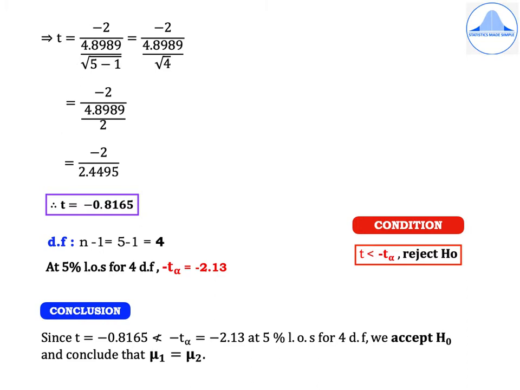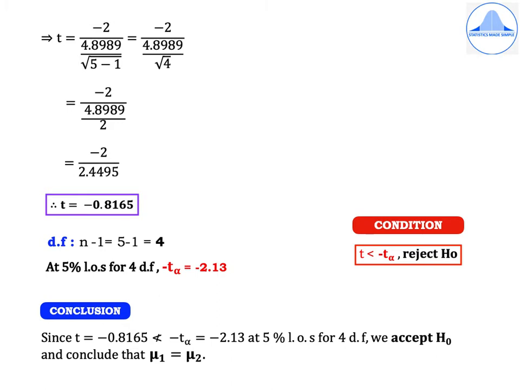The condition which is used for a left tail test is you have to check if t is less than minus t alpha. If this condition is satisfied, you reject H naught, otherwise you accept H naught. The degrees of freedom is n minus 1, which is equal to 5 minus 1 equal to 4. So at 5% level of significance for 4 degrees of freedom, from the statistical tables for the t-test, we get minus t alpha is equal to minus 2.13.